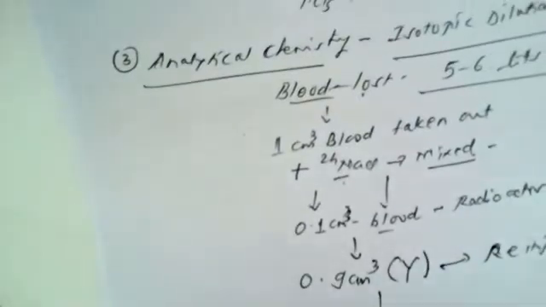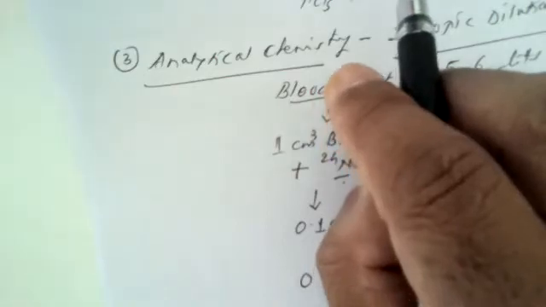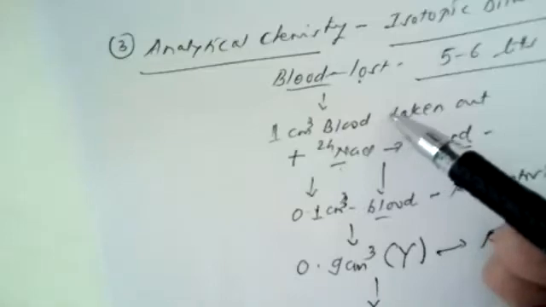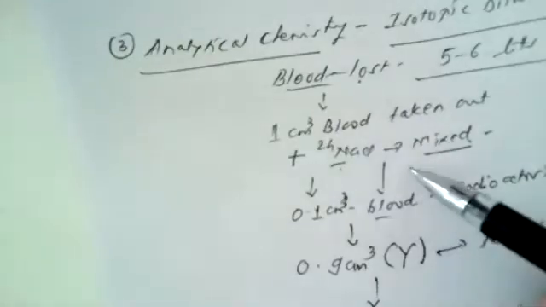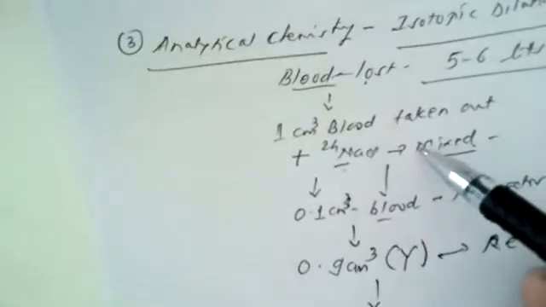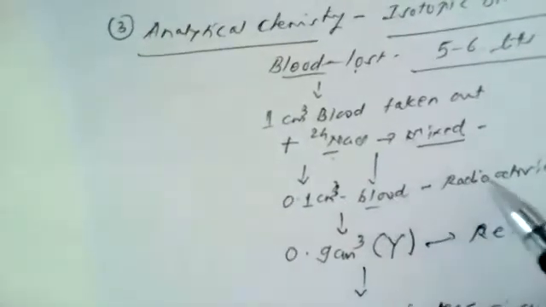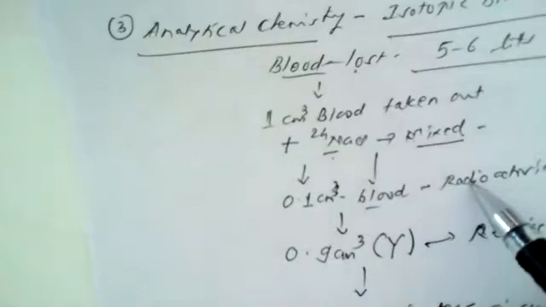So this is known as the isotopic dilution method. In this isotopic dilution analysis method, just now I have mentioned that 1 cm cube of blood is withdrawn from the patient and labeled with a solution of sodium 24 in the form of sodium chloride. 0.1 cm cube of this blood is again taken, and its radioactivity is measured, say S1.